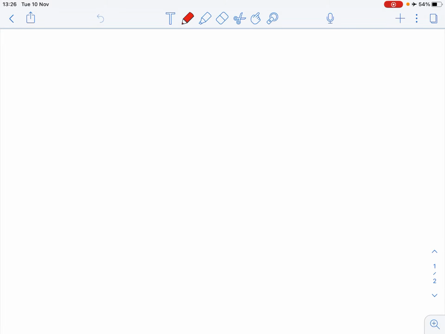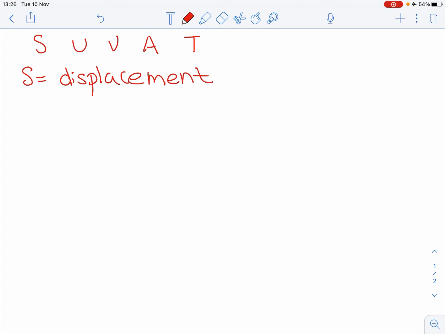Today we're going to look at equations using our SUVAT. So remember, S means displacement. U means the starting or initial velocity.